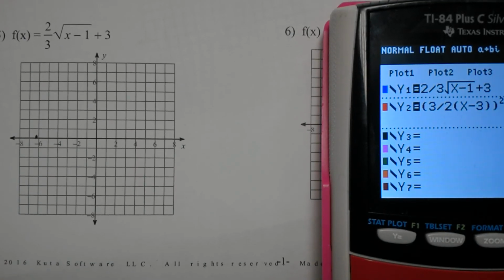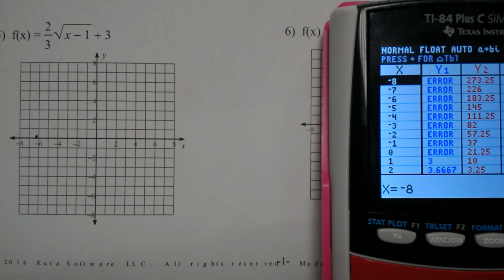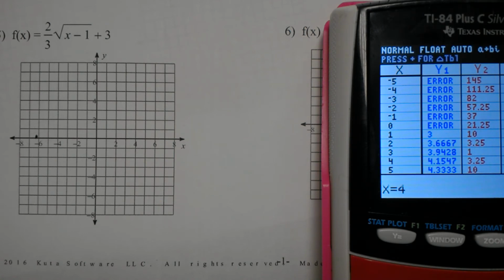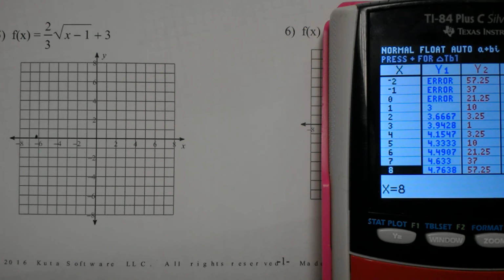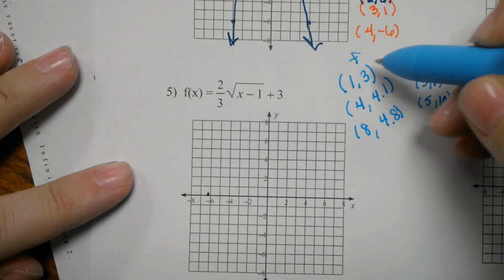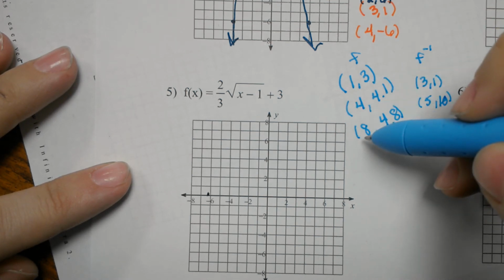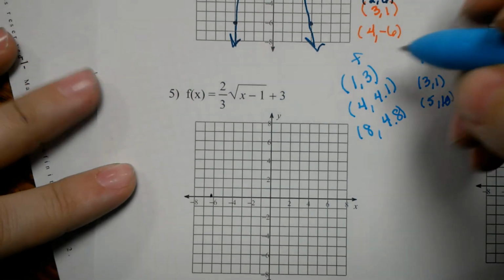So I put the original and the inverse in y1 and y2. I'm going to find some points. So now for the original, I picked 1, 3, 4, and about 4.1, 8, and about 4.8.